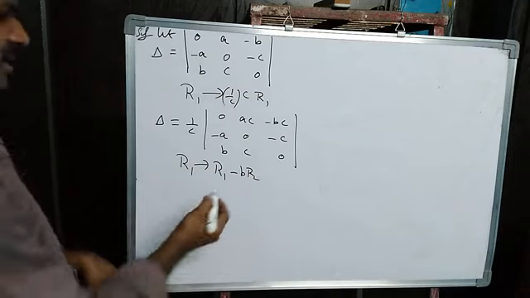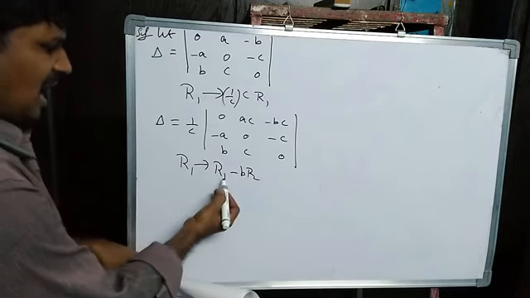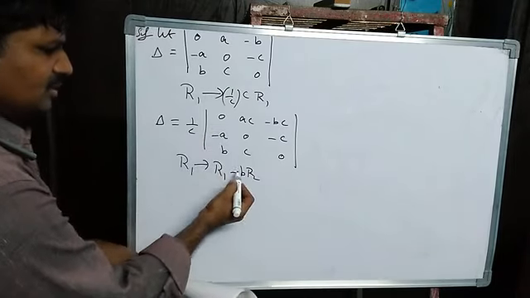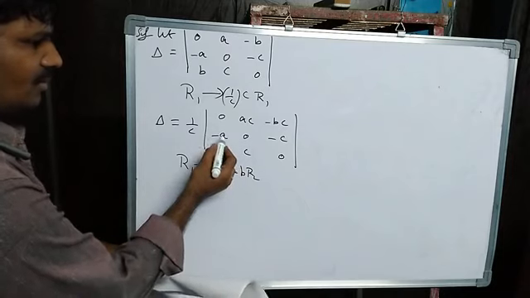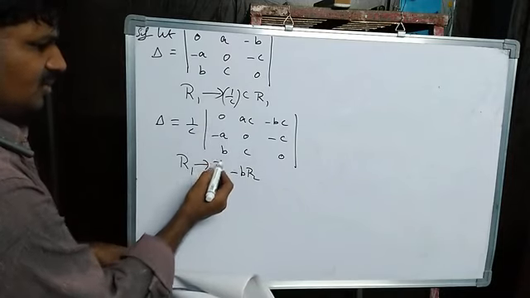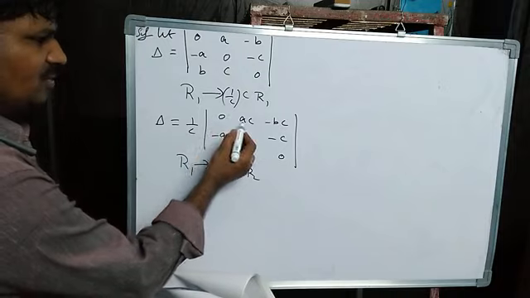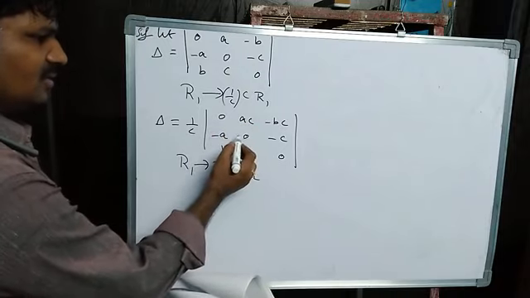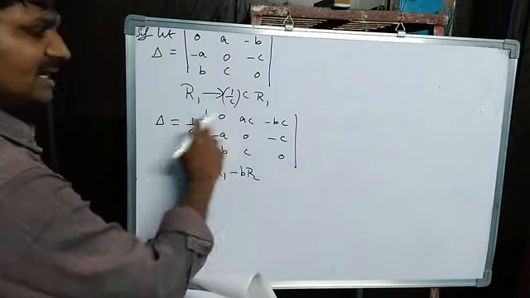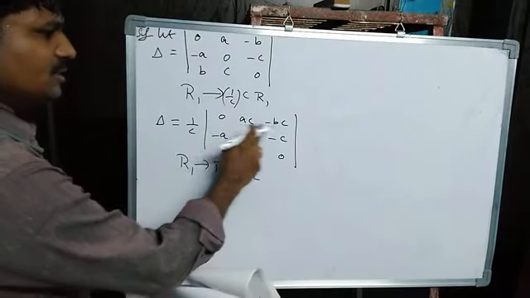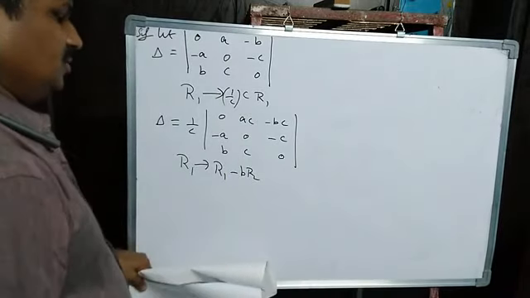Why are we applying R1 changes to R1 minus B R2? R1 is this one, R1 minus B into R2. Multiply here, so AB you will get here. Here AC, and 0 you will get. From that you get A common.